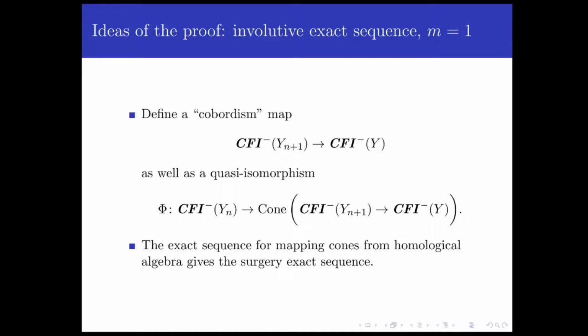And whenever you have a mapping cone of any chain map, there's always an exact sequence from homological algebra involving the domain of the map, the codomain of the map, and the mapping cone. And so if we can define a quasi-isomorphism from the Floer homology of Y_n to the cone of the map from Y_{n+1} to Y, that just gives us exactly the exact sequence we're looking for.